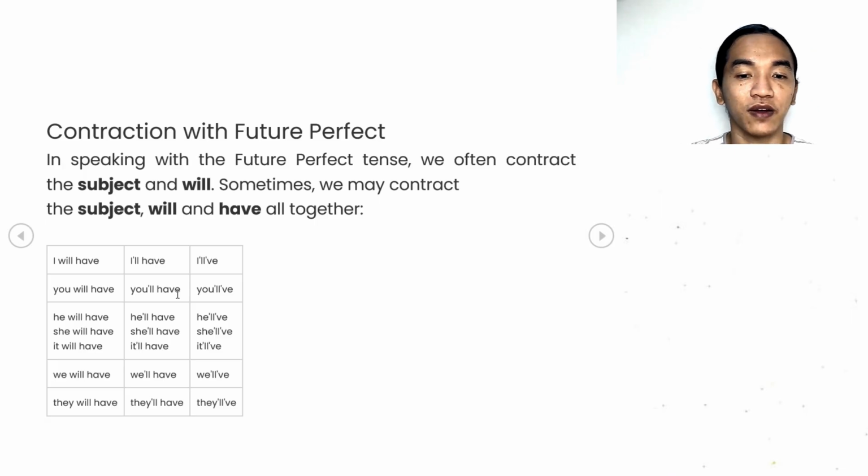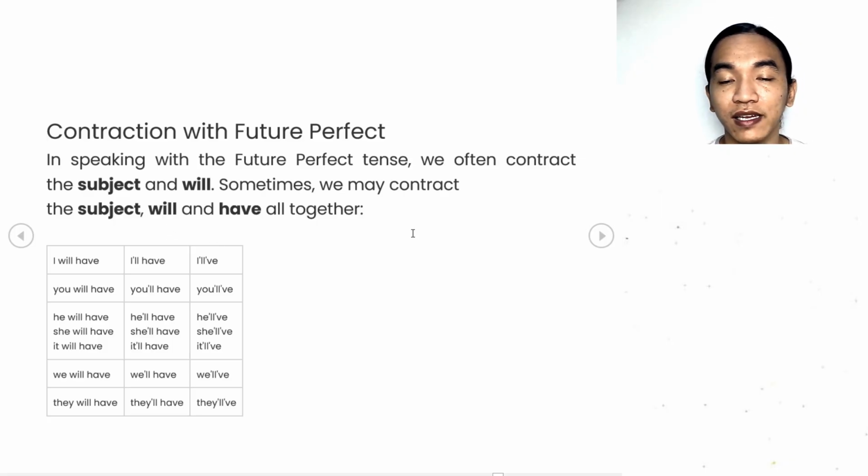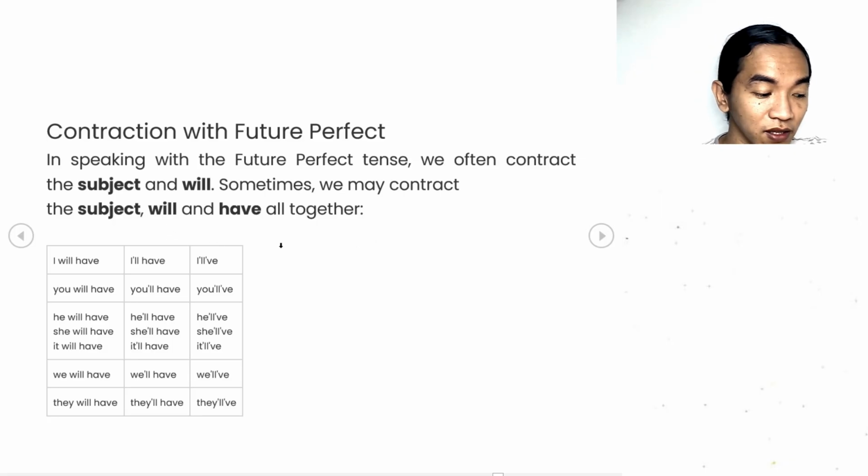We will have, they will have, they'll have. So these are just the common contractions that we have for subject and will, and also subject, will, and have all together. Remember the contraction for subject, will, and have all together is not commonly used, but we see it here. It is possible.